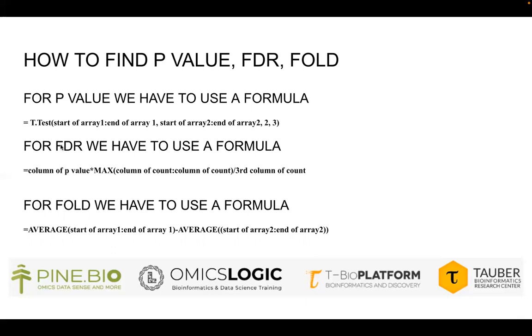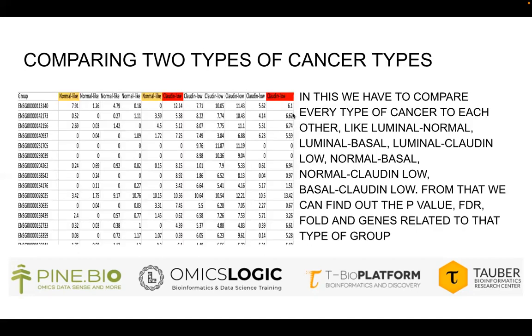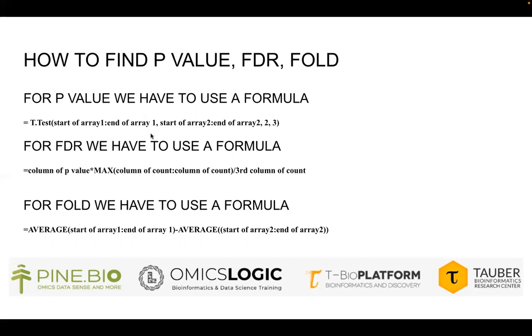Then we'll add a count in our Excel sheet, which is very easy. And then we will add the FDR value for that column of p-value: the column which has the p-value multiplied by the maximum of count, divided by the third column of count.